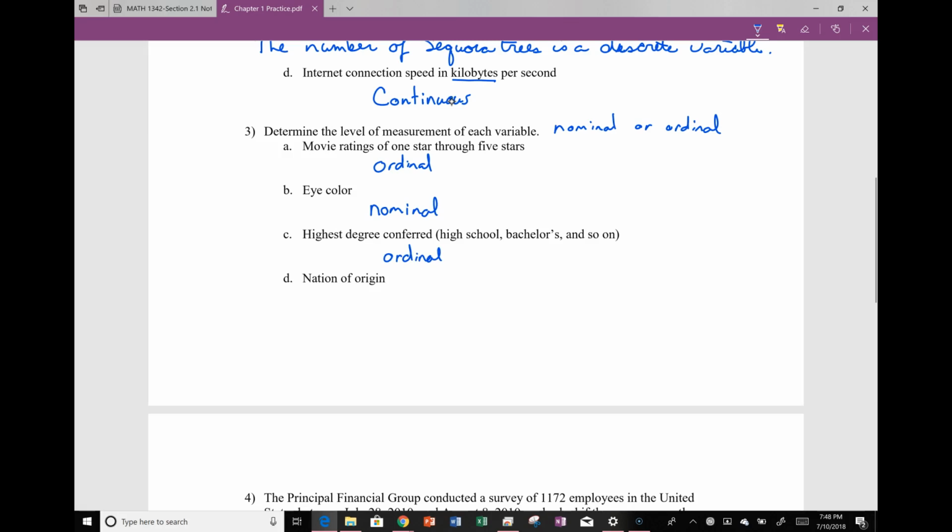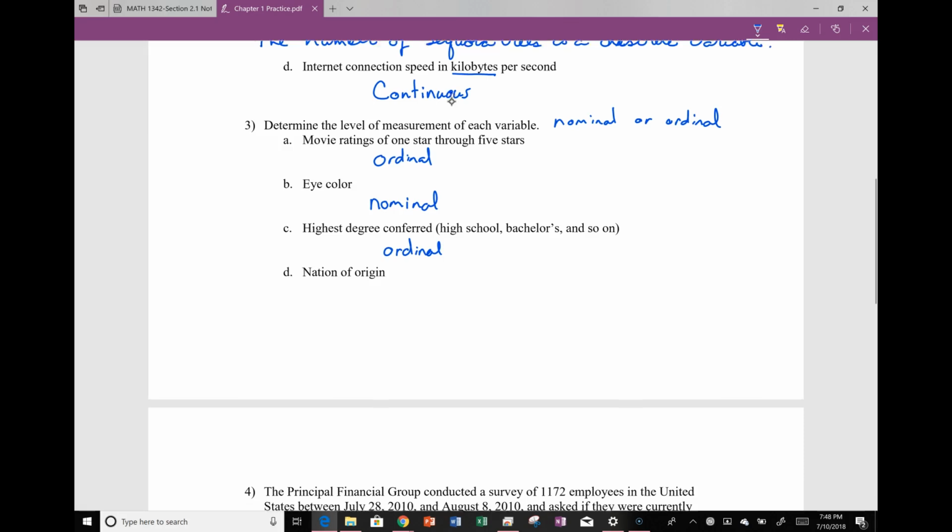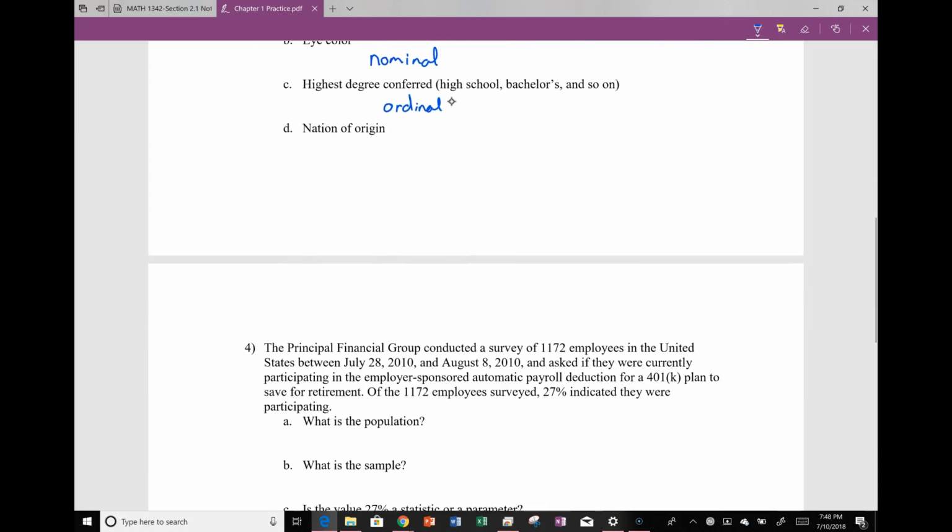Nation of origin. Now, some of us may disagree on this, but the nation of origin really does not have any order to it.